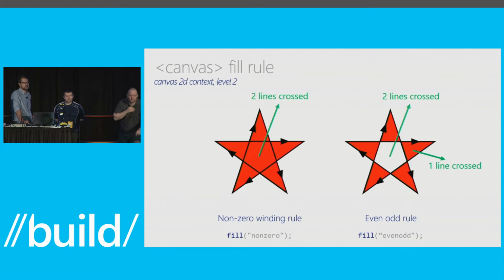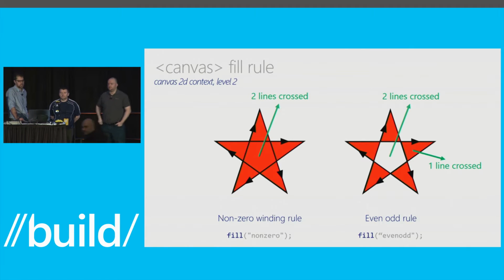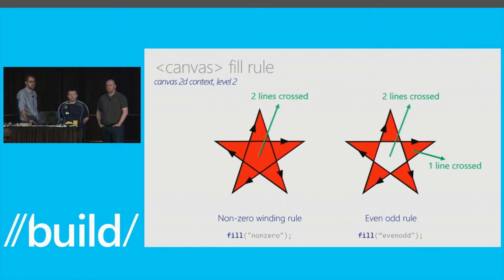The way that this really works, if you haven't heard this before, if you want to figure out if you need to fill a part of a path, you draw a line from that point to infinity, and if you cross, in the even-odd rule case, an even number of lines, in this case 2 lines, on the way out, then you don't fill it. And if you cross an odd number of lines on the way out, you do fill it.